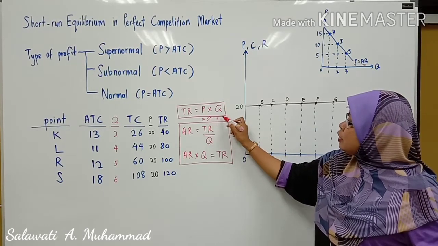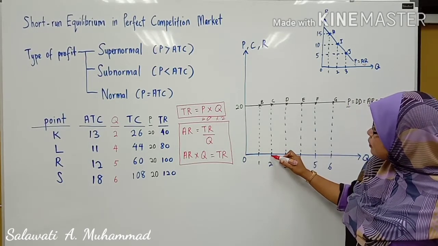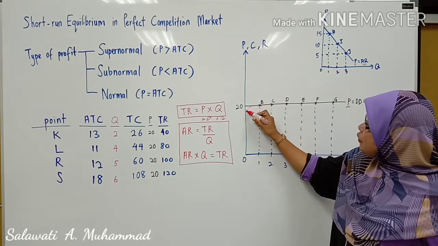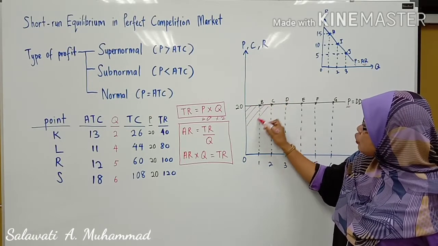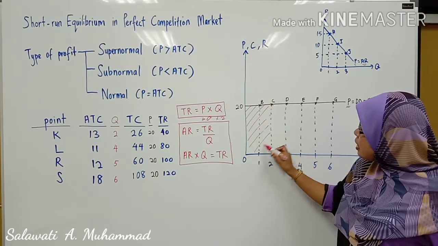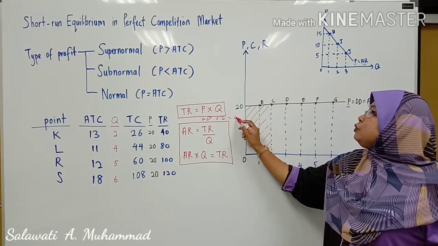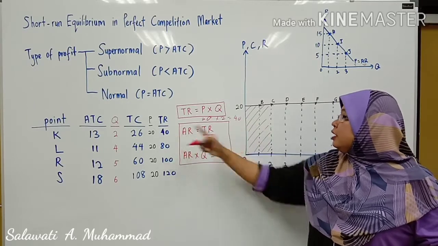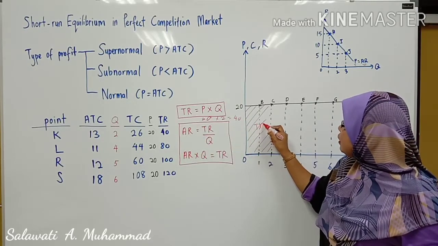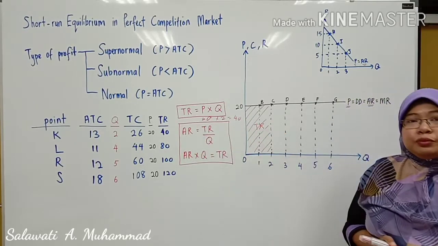Quantity is 2. You are actually trying to figure out the amount of square box here. Okay, so it's equal to 40. Yes, this is total revenue at quantity 2.